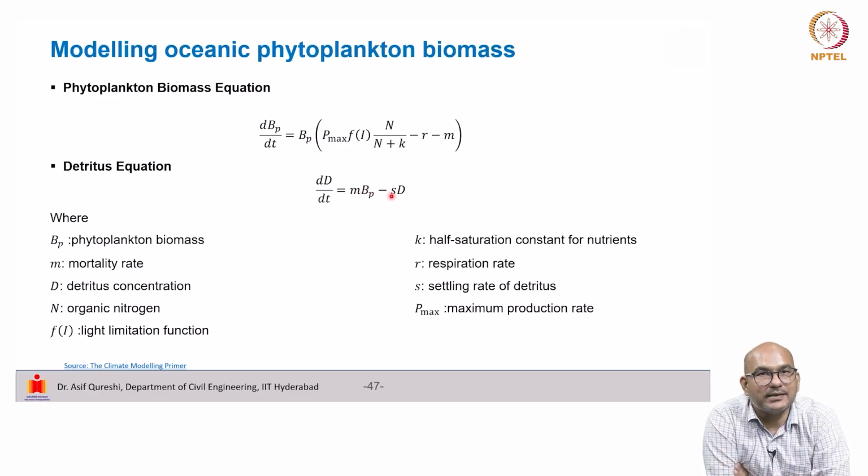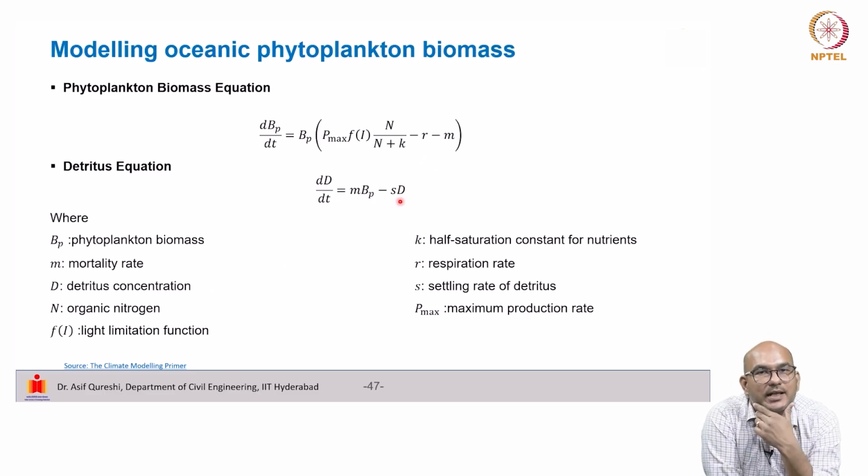So, minus the settling rate of detritus multiplied by the concentration of detritus. So, dD/dt will be how much detritus is produced, which is mortality multiplied by phytoplankton biomass, minus the settling rate of detritus, so settling rate multiplied by detritus concentration. So, dD/dt is equal to mB_p minus sD.